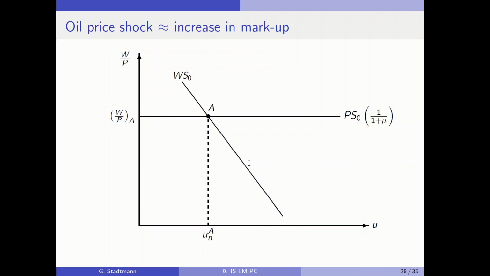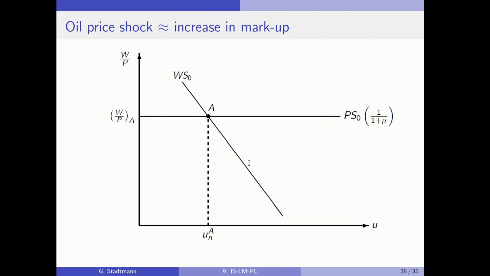We always said that the companies are able to charge a markup. The companies are not living in the market form of perfect competition, where price is equal to marginal cost, price is equal to the wage rate, but the companies are able to set the price of a product higher than the wage rate.